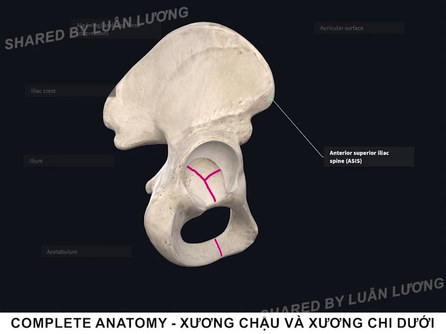This is known as the anterior superior iliac spine, or the ASIS. The ASIS is not only a key landmark for physicians, as it is readily palpated in almost everybody, but it is also going to be a key site of attachment for 2 muscles of the thigh and the inguinal ligament.